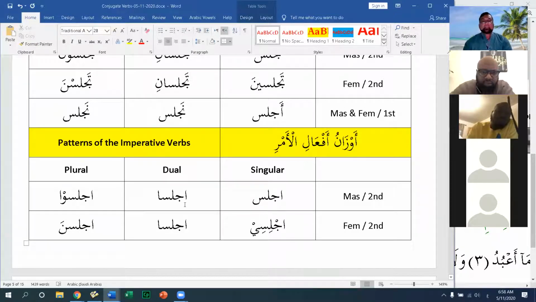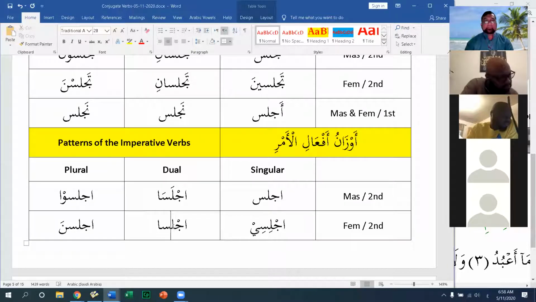And then dual, antuma. Remember all of these are second person. So it's anta, antuma, antum, anti, antuma, antunna. Ijlisa. And this is the same also.